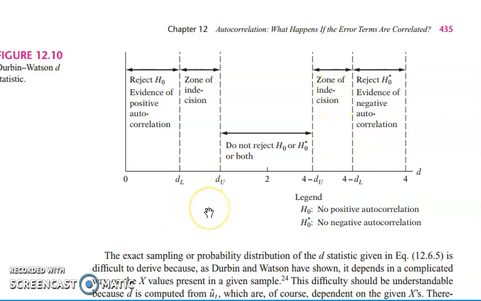So in the exercise, if you are using the Durbin-Watson d-test, you apply this structure, with positive autocorrelation, indecision, no rejection region, indecision, and negative autocorrelation. But if you are following the modified d-test, then here will be positive autocorrelated, and this one will be negative autocorrelated.